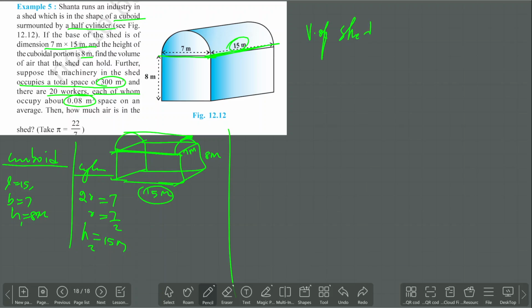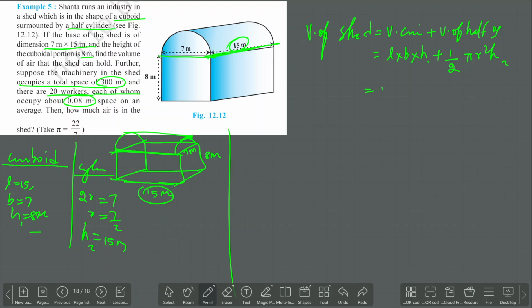First the volume of the shed. Volume of a cuboid plus volume of a half cylinder. Cuboid formula, what is it? Length into breadth into height. For the cylinder, half of pi r square h. Here the first one I took h1, so h1, h2 for the difference.